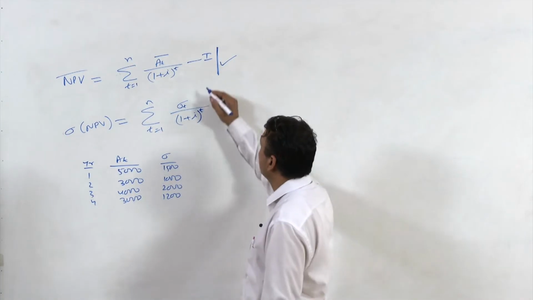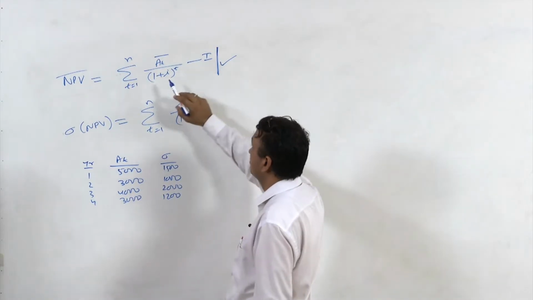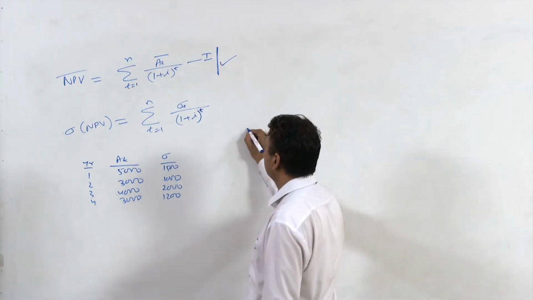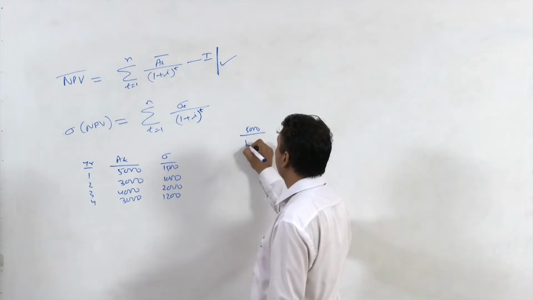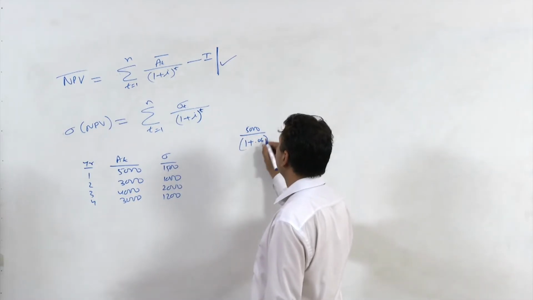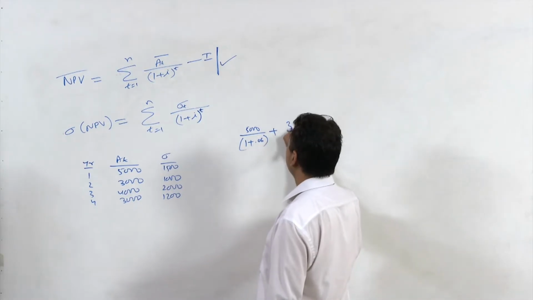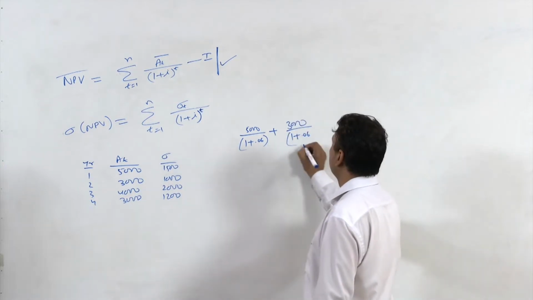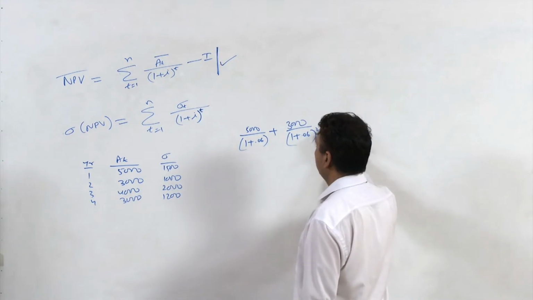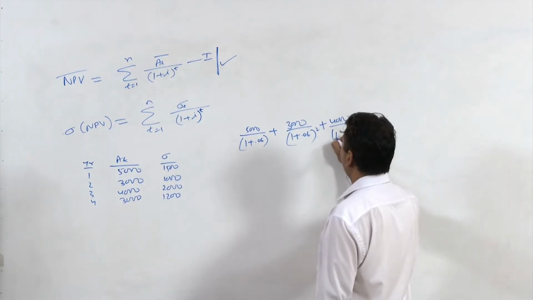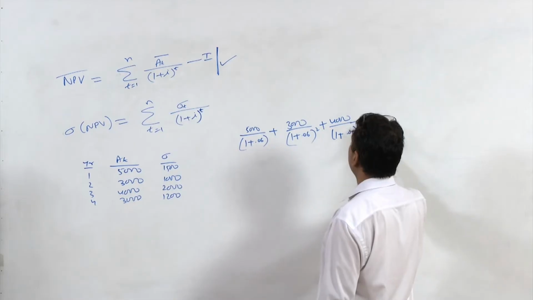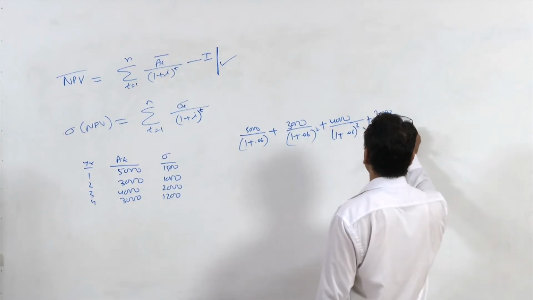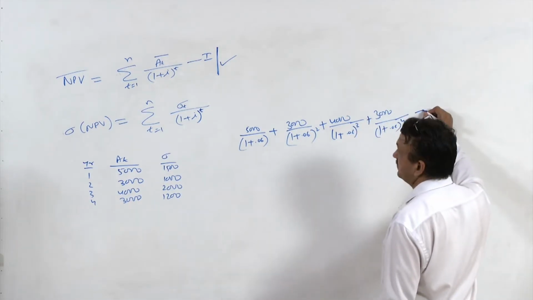Let us solve for expected NPV. So that value is 5000 divided by 1 plus 0.06, plus 3000 divided by 1.06 squared, then 4000 divided by 1 plus 0.06 cubed, and finally 3000 divided by 1 plus 0.06 to the power 4, minus the initial investment, which is 10,000.